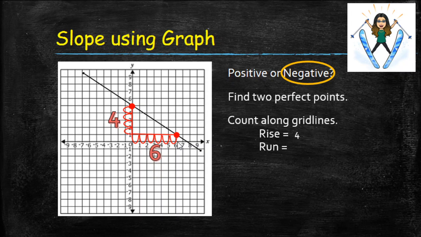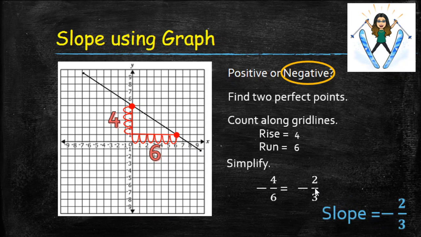So my run is 6. Then I can write that out as rise over run. It is negative 4 over 6. I can simplify using Desmos, and we get negative 2/3. So our slope is equal to negative 2/3 for this graph.